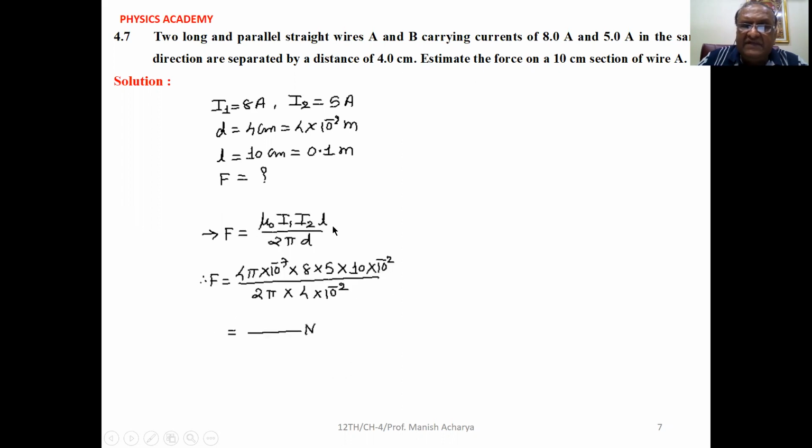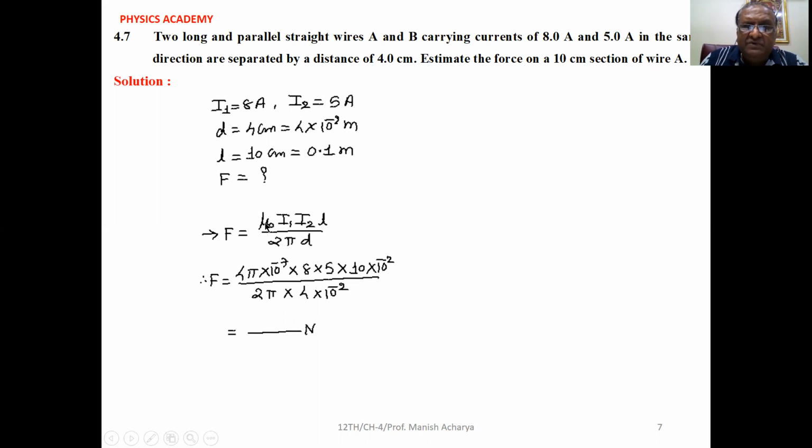Now F is how much? We have the equation for the force between two parallel currents separated by distance d, for length L of it, that is mu 0 I1 I2 L upon 2 pi d.